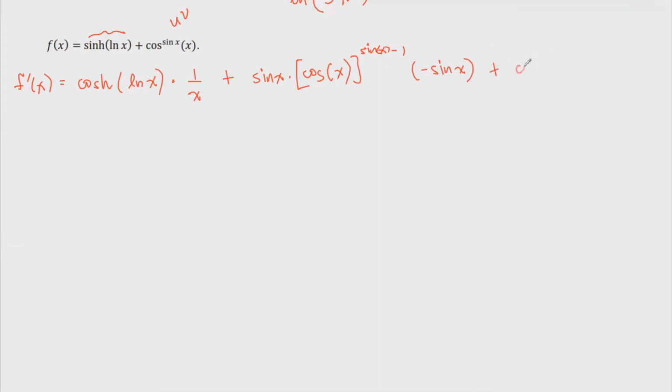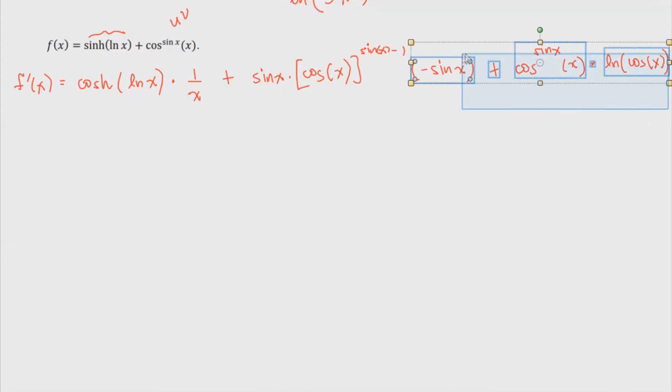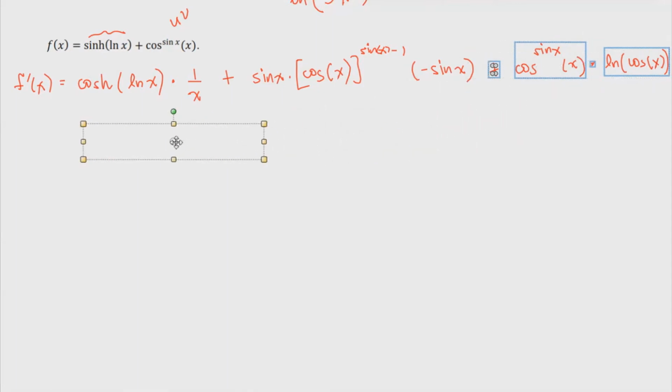So we copy this cosine raised to sine of x, and then we need to take the natural logarithm of the base. So that's simply ln of cosine of x. Okay, and then it cannot fit anymore in this case, so I'll just move it somewhere here.